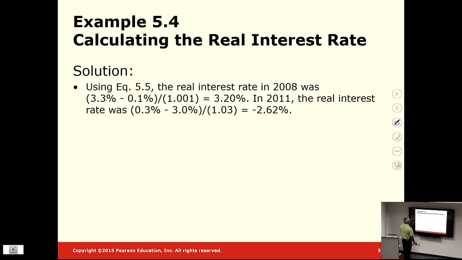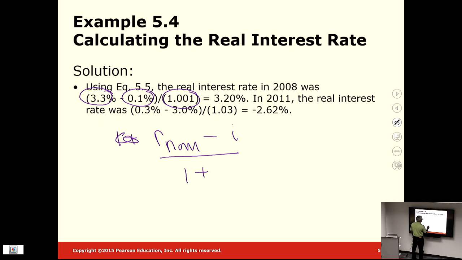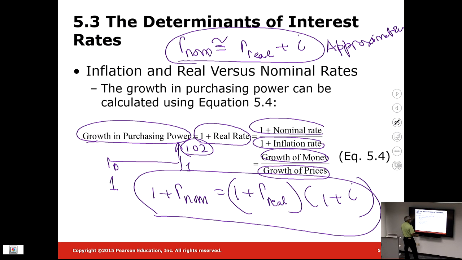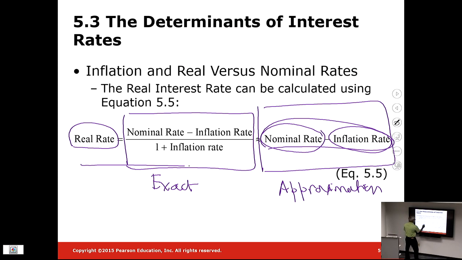So very simply, 1 plus the real rate is 1 plus the nominal rate, divided by 1 plus inflation. So the real rate is the nominal rate minus inflation, divided by 1 plus inflation. This is basically a restatement of this equation, just a simplification of this equation leads us to this equation.